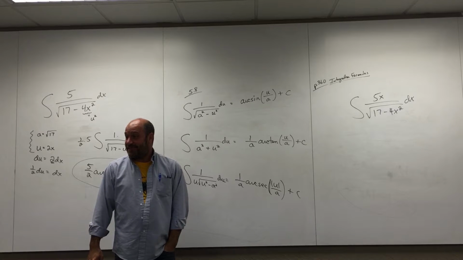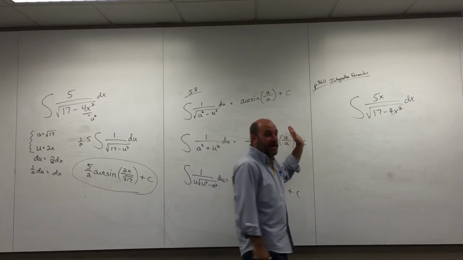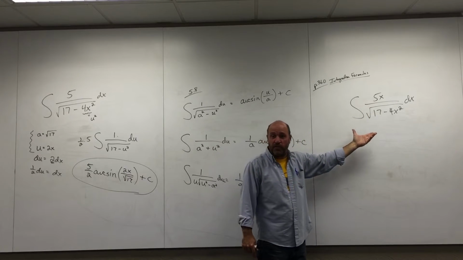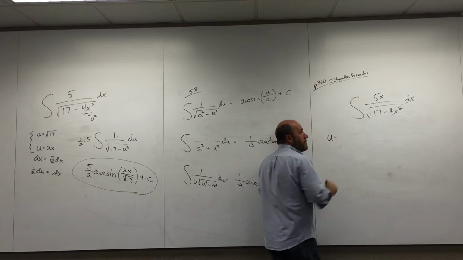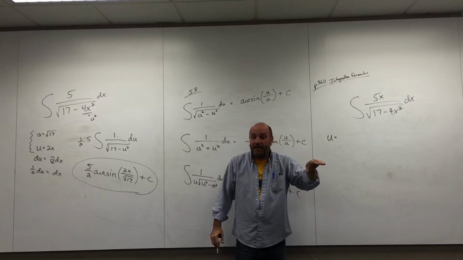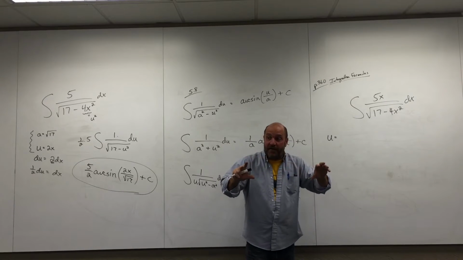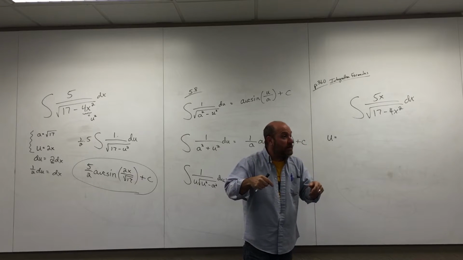I can do it, though. Do you know how to do it? Well, I can pull a 5 out, but what's the big strategy here? Yeah, u substitution. What's u going to be this time? Not the entire denominator, I misspoke, but what's inside the radical.